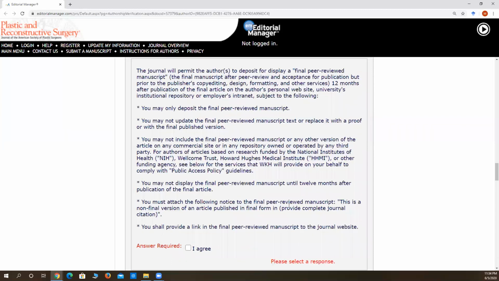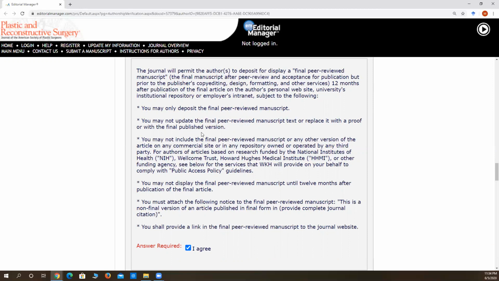And there are certain guidelines, just make sure to follow them. For example, in this journal, they allow you to publish it on the institution or employer intranet, but it's in the preprint form and 2 months after publication. So click I agree.